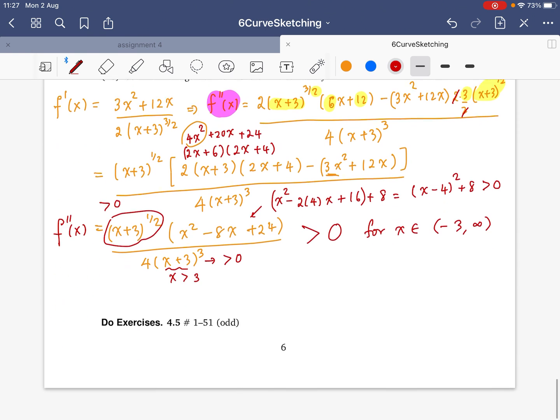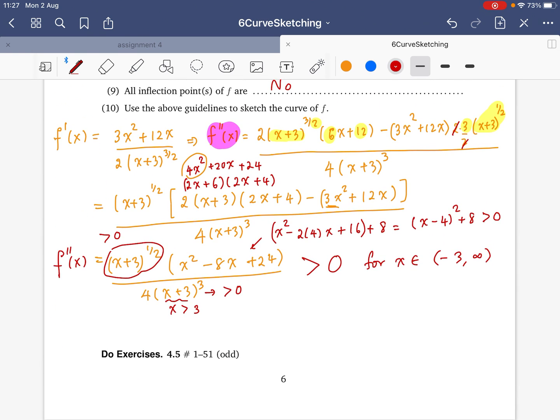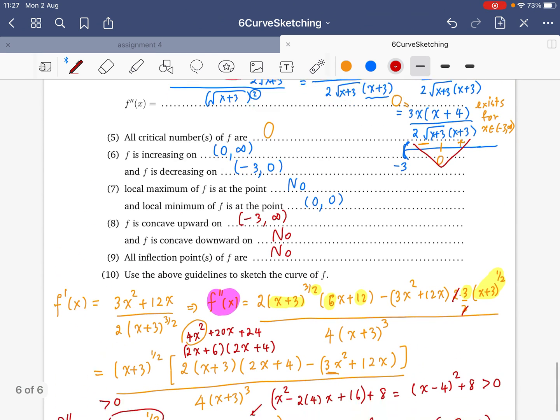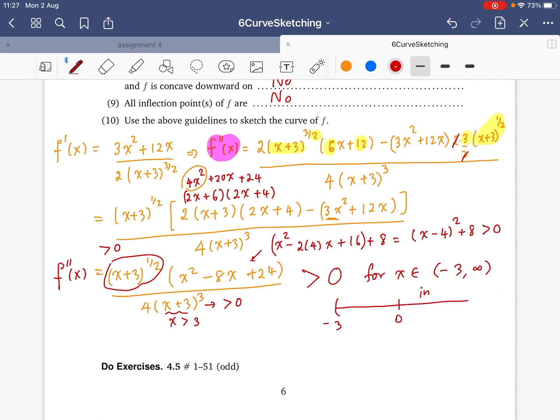So now use all these guidelines to sketch the graph. This is not that difficult, and this should be enough for you to draw it. Because what you only need is from 0, and then you know that beyond 0 it is increasing but always concave up, and before that it is decreasing and always concave up.